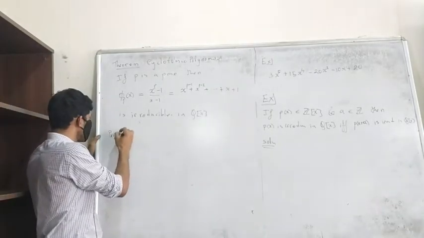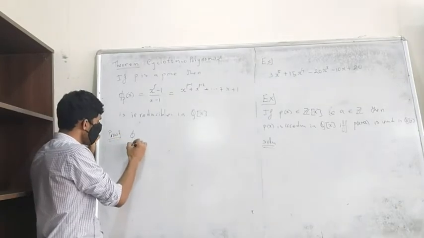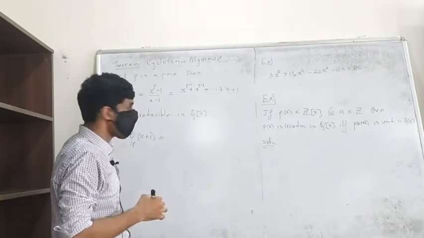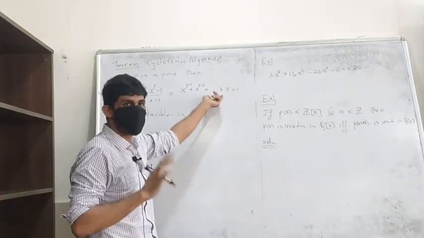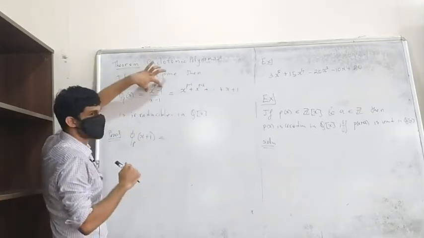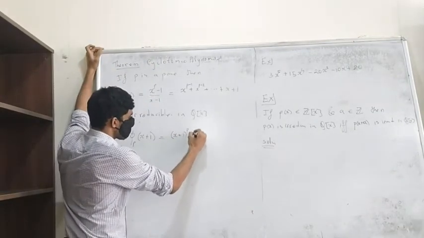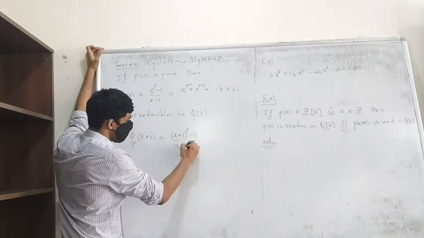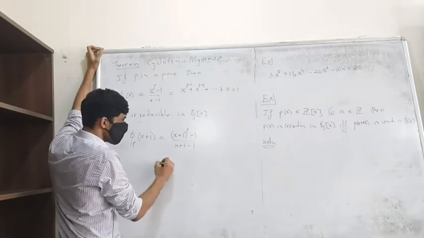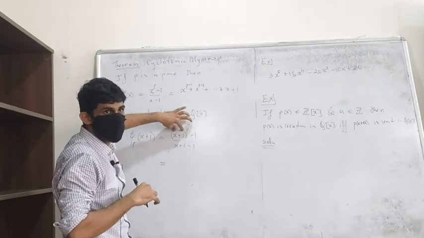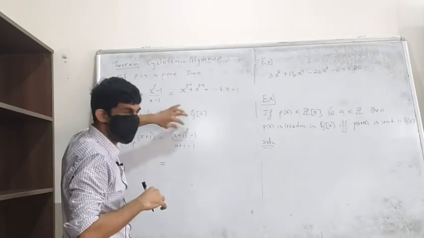So I'm going to look at phi p of x plus 1. That gives us x plus 1, the whole raised to p minus 1, divided by x plus 1 minus 1, which I can open using the binomial expression.